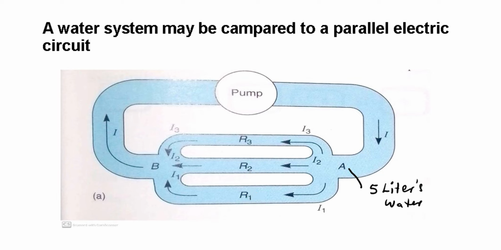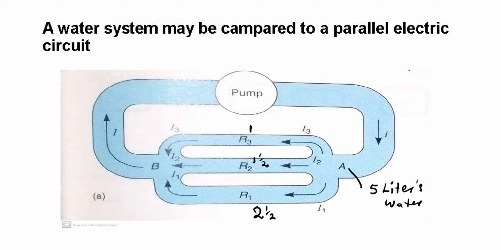The amount of water passing through R1 is going to be bigger. Let us distribute it. Since 5 liters of water is entering here, let's say R3 has 1 liter, R2 has 1.5 liters, and then R1 has 2.5 liters, because R1 is wider than R2, and R2 is wider than R3.